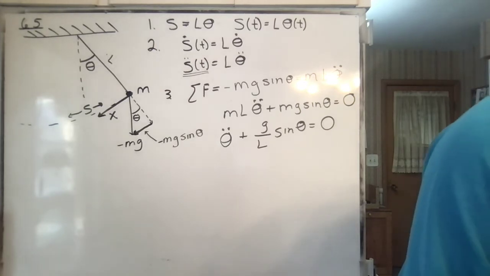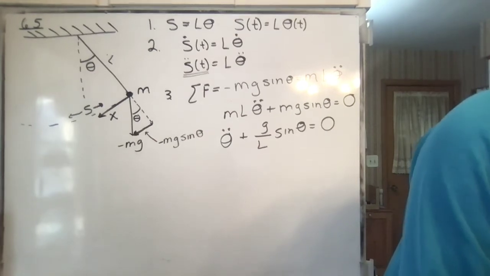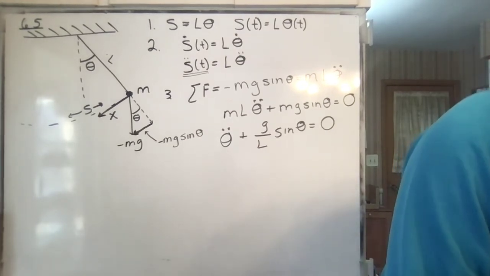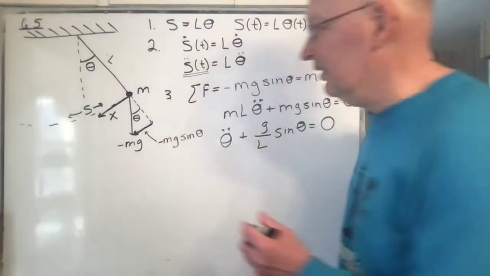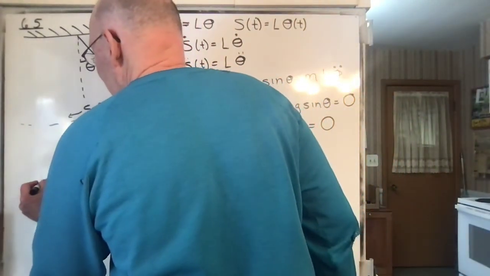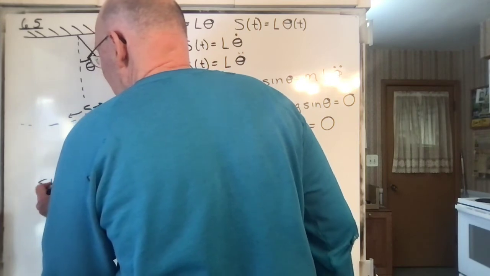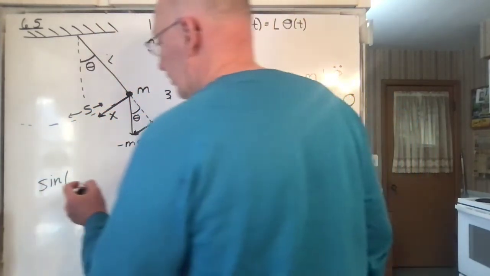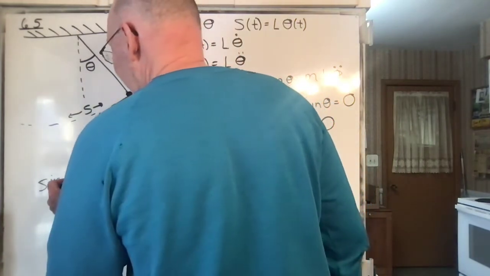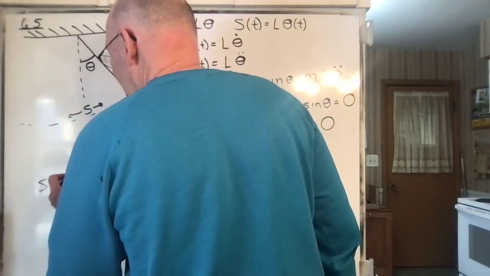Section 6.1, equation number 619. Here's what 619 says, and this is what you learn in Calc 2. You learn that, I'll use something other than theta here, I'll just use t.